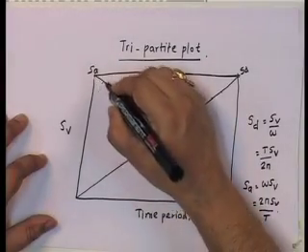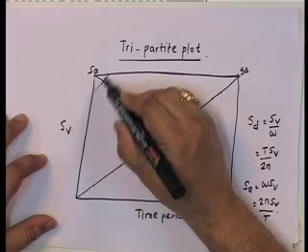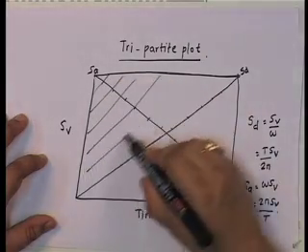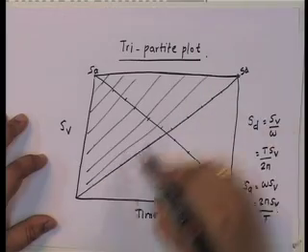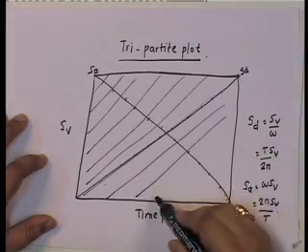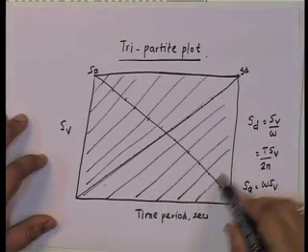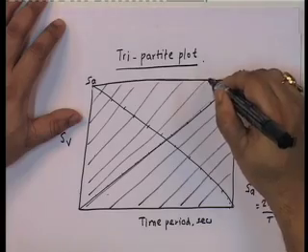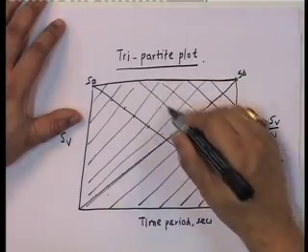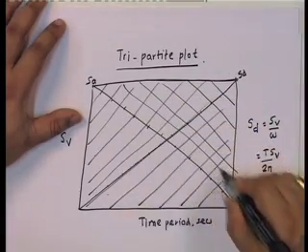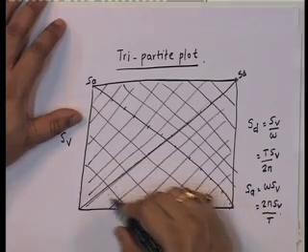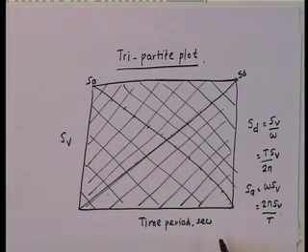In other words, these are lines of equal SA, and these are lines of equal SD.